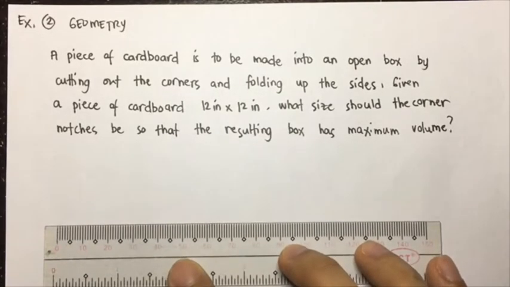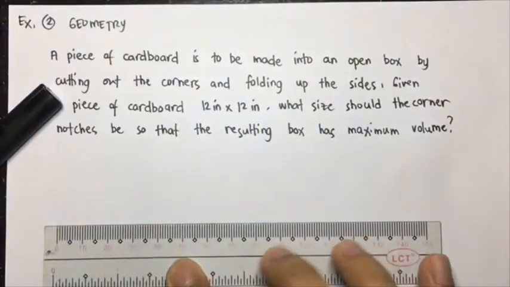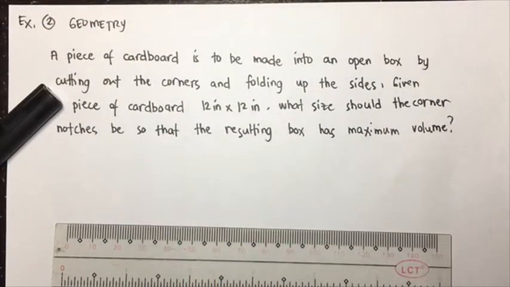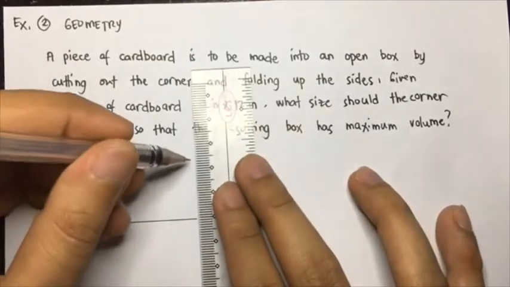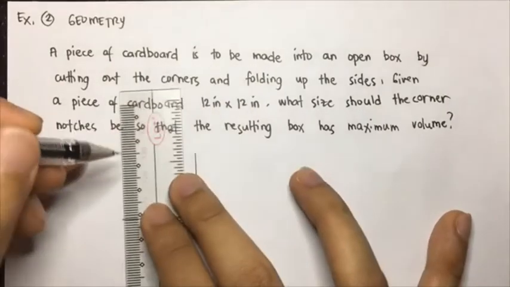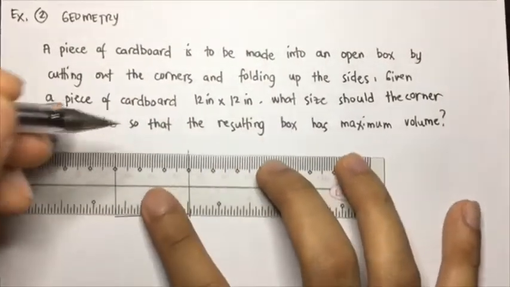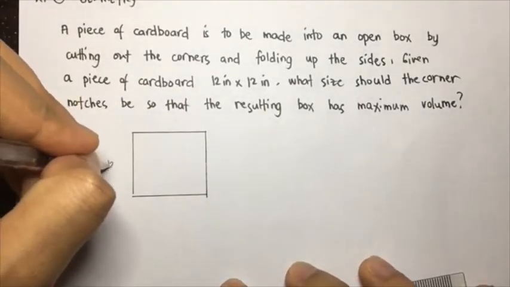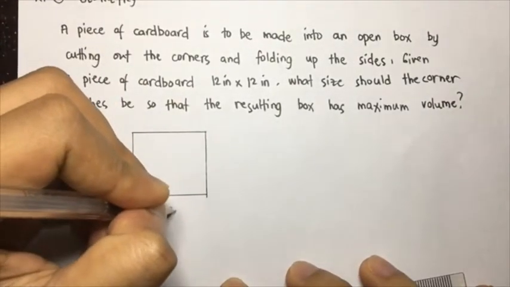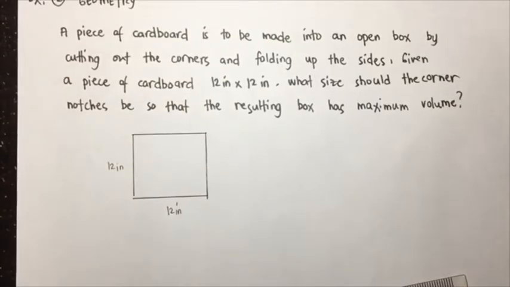Let me use a finer pen for this. Say this is our cardboard, a square with dimensions of 12 inches by 12 inches. We should cut out its corners and then fold the sides so that it will create a box.